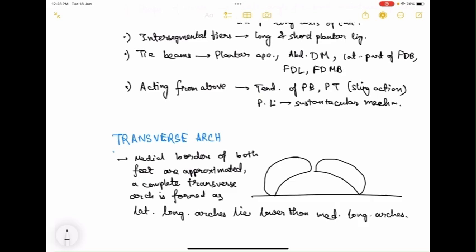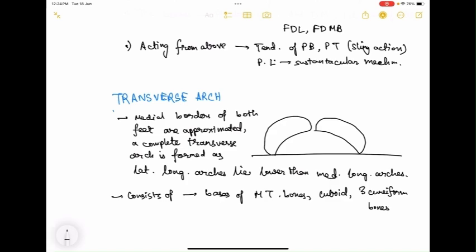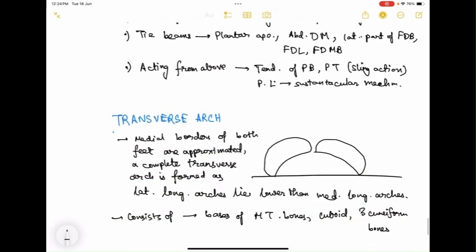Done. So therefore each foot presents a half dome. It consists of the bases of all metatarsal bones, cuboid bone and 3 cuneiform bones. There is no keystone or such type of distinction which can be made over here, right?